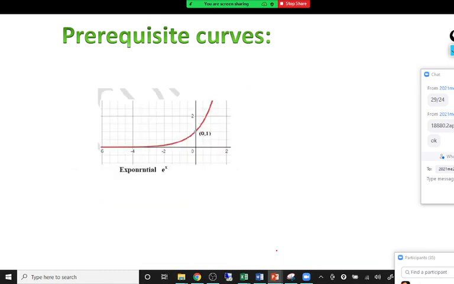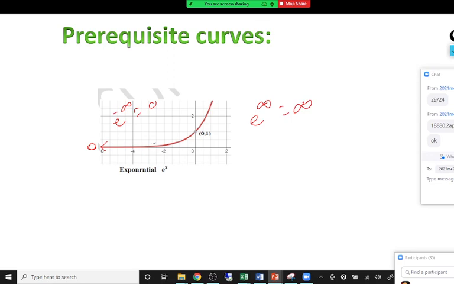I think one last curve is there: the exponential curve, e raised to x. E raised to x is an increasing curve, exponentially increasing. As x tends to minus infinity, e raised to x tends to 0, but e raised to infinity is infinity.